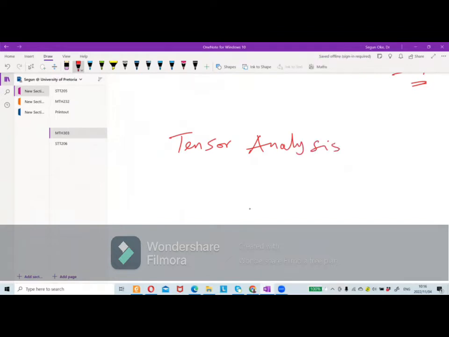We will look at some of the definitions one after the other and some of the laws that govern it. It will also help us in solving coordinate transformation. So when we are talking about transformation, what do we need to know about transformation?